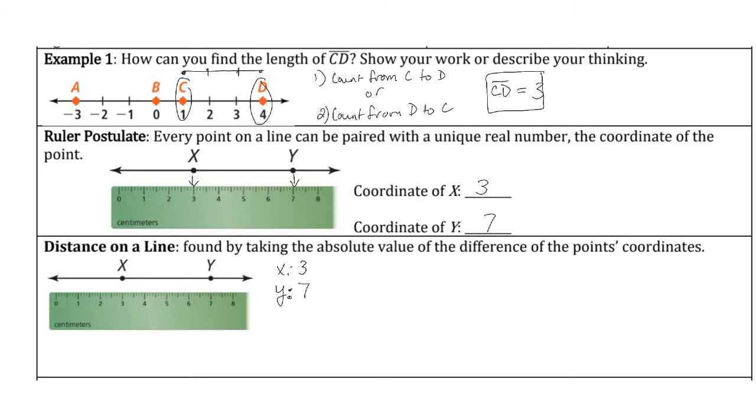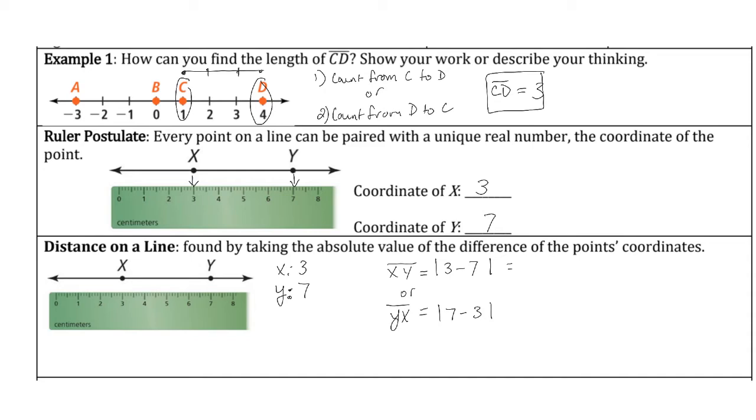We can go from X to Y, or from Y to X. X to Y: the absolute value of 3 minus 7, or Y to X: the absolute value of 7 minus 3.